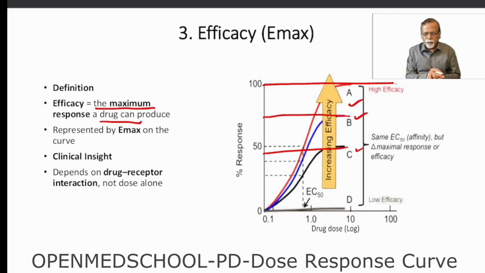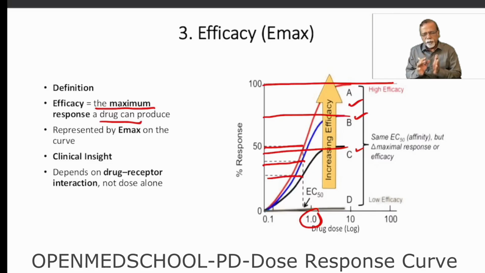So what does it mean? Drug A is more efficacious. Now look at the ED50. The ED50 of these three drugs is almost the same. So what is the inference?